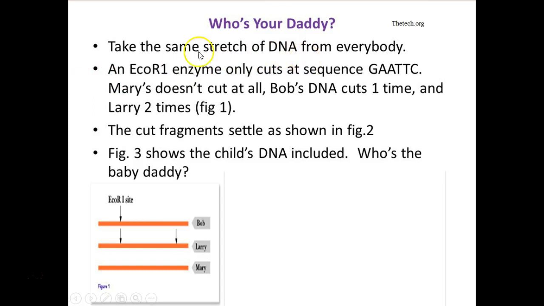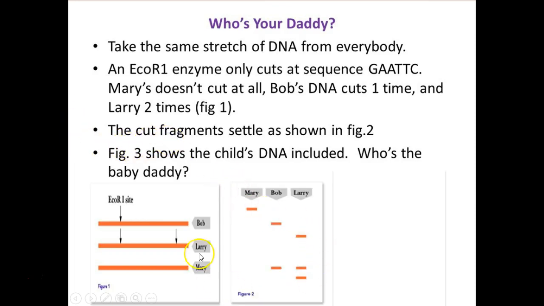So they take the same DNA stretch from everybody, from Mary, Bob, Larry, and baby, and they cut it with a specific restriction enzyme, EcoR1. Mary's DNA doesn't cut because she doesn't have this GAATTC sequence. Bob's does cut once, and Larry's cuts twice.